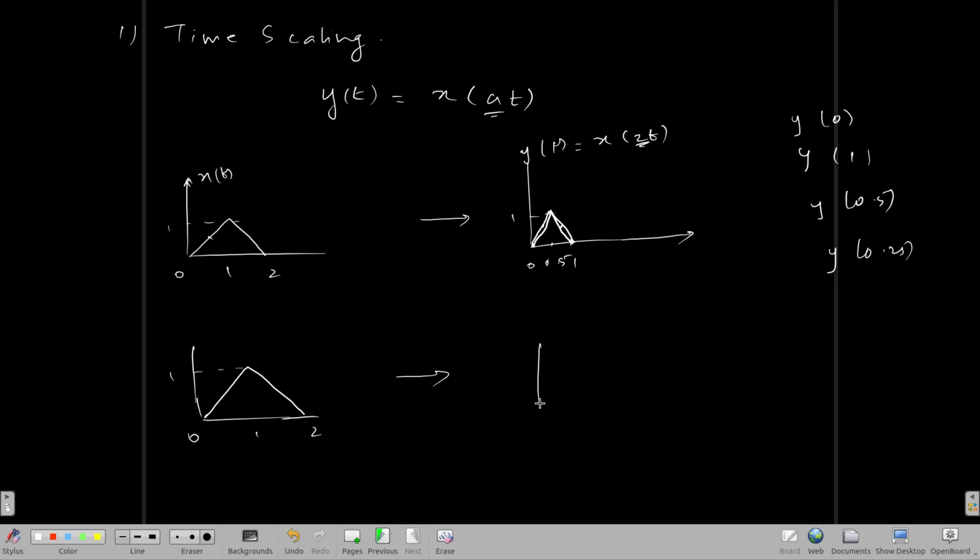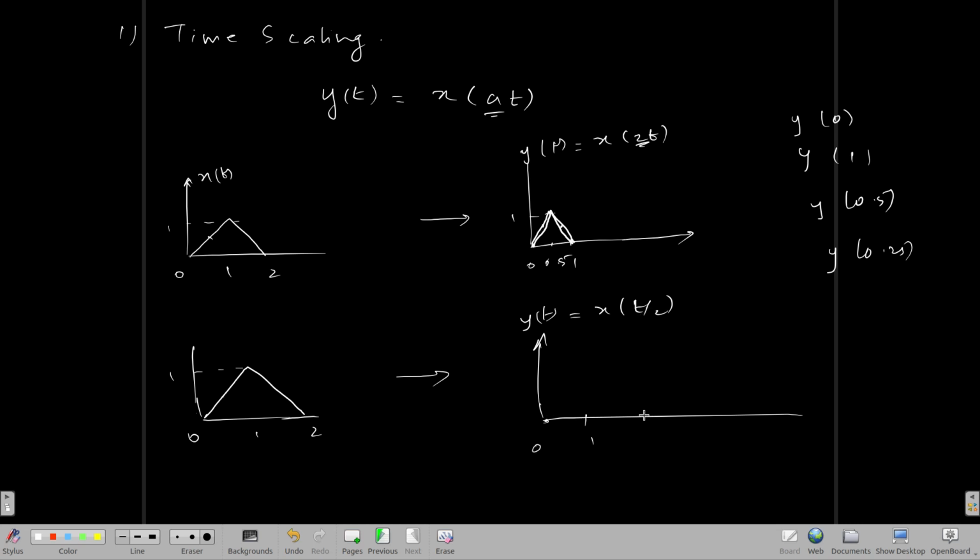Now let's take the same signal, 0 to 2, 1, 2, and let's now write y of t is equal to x of t by 2, that is x of 0.5t. Okay, again similarly y of 0 is 0 only. What is y of 1? It is x of 1 by 2, that is what is coming here.